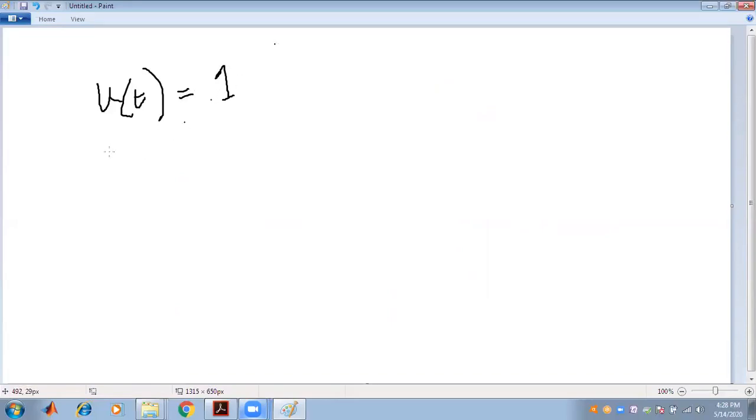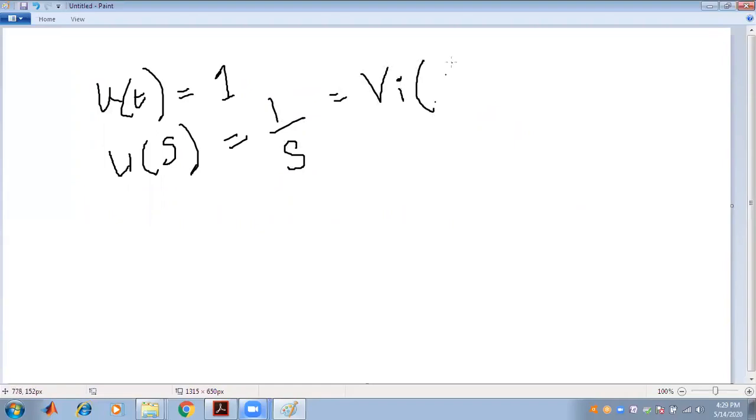So what is the input Us? If I do the Laplace, it will be 1 by s. Okay. So this is our Vis, our input.